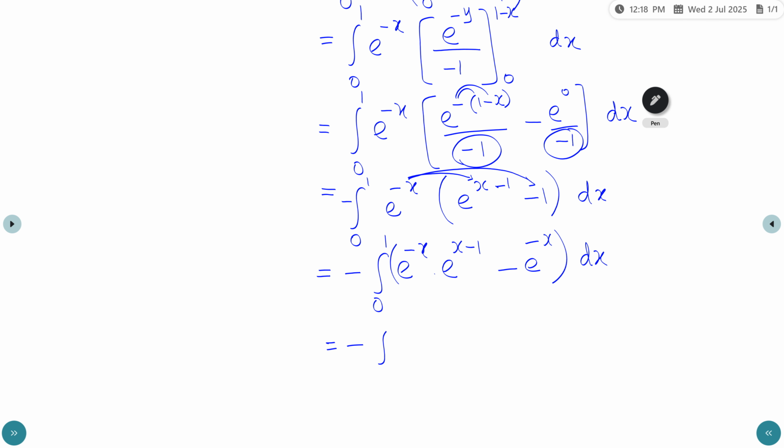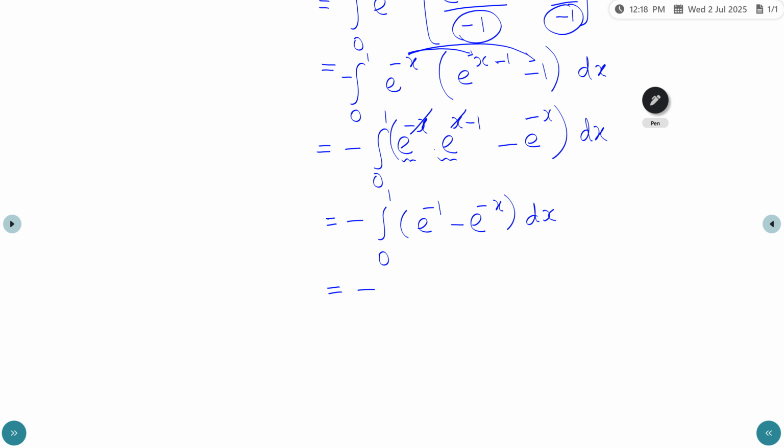Minus integral 0 to 1. Both the bases are the same, so we can add the powers. So minus x plus x gets cancelled. The remaining is e power minus 1 minus e power minus x dx. That is minus of the integration with respect to x.